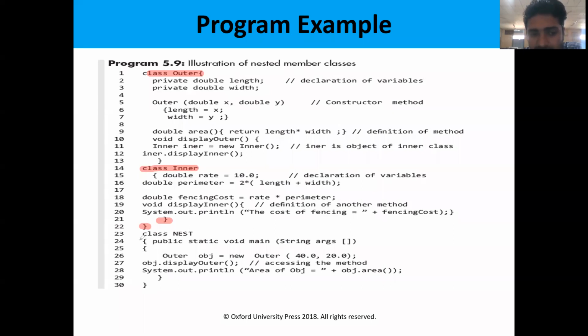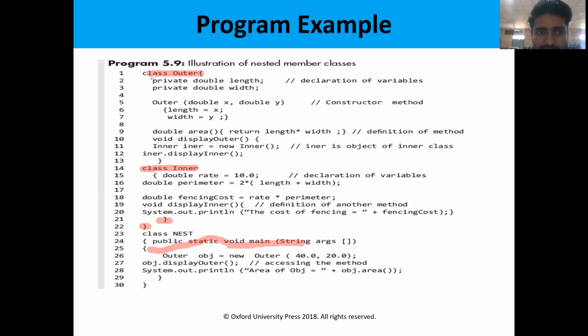Main class means the class which consists of public static void main. We are creating an object of class outer and accessing the display function, display outer, and we are displaying the things.